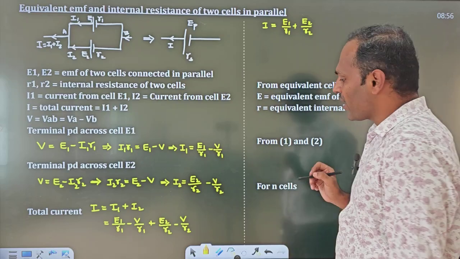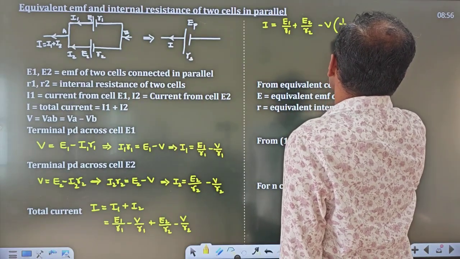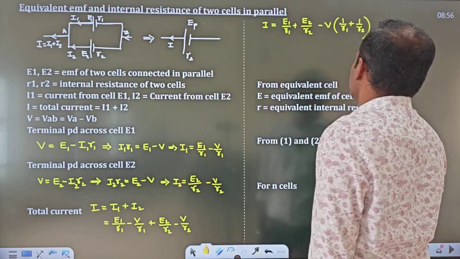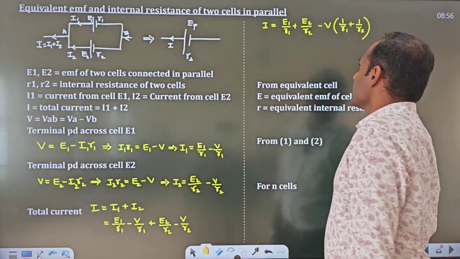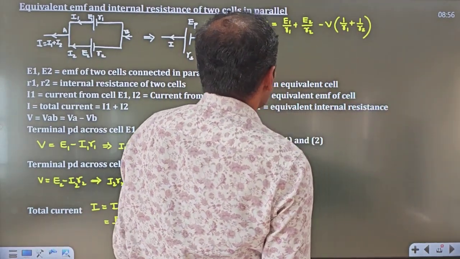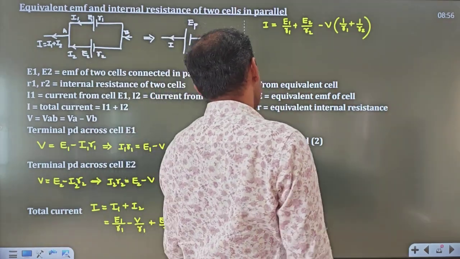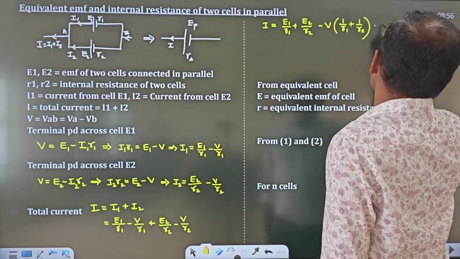If I take minus V common, in the bracket I will get 1 by R1 plus 1 by R2. So now we get the equation for I. Let this be equation number 1.